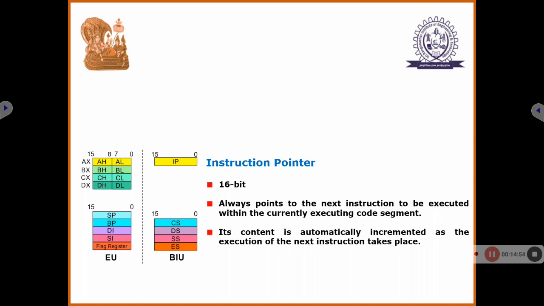After the return instruction, it has to come back to the main program. So the address of the instruction which is to be executed next in the main program is stored in the stack.